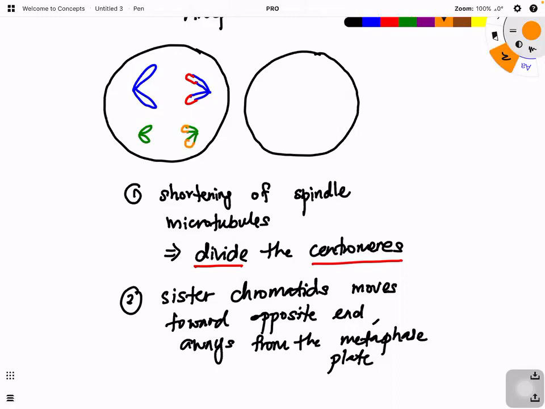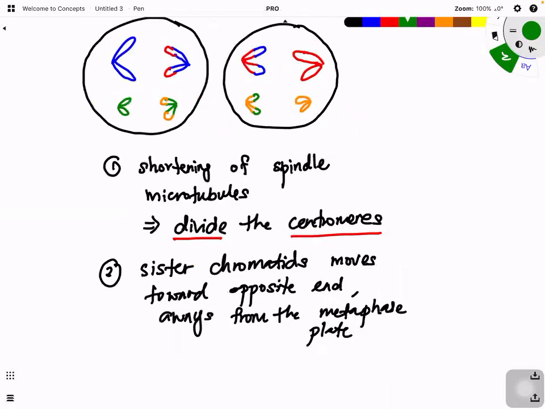And then here you will see a red color, red with a little bit of blue. You got the crossing over, right? Then here you have the orange, and orange with a little bit of green. So the correct word to be used here is sister chromatid. So this is the sister chromatid.